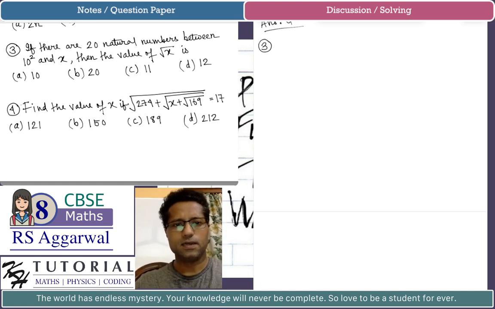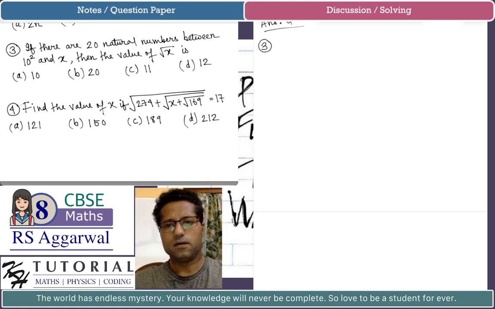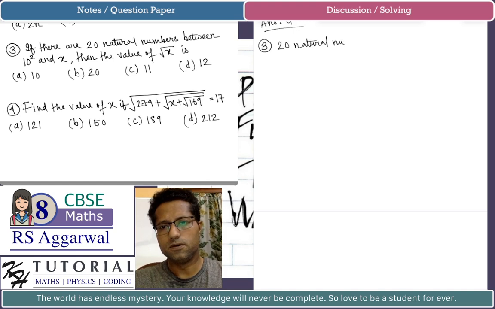It is given that there are 20 natural numbers.